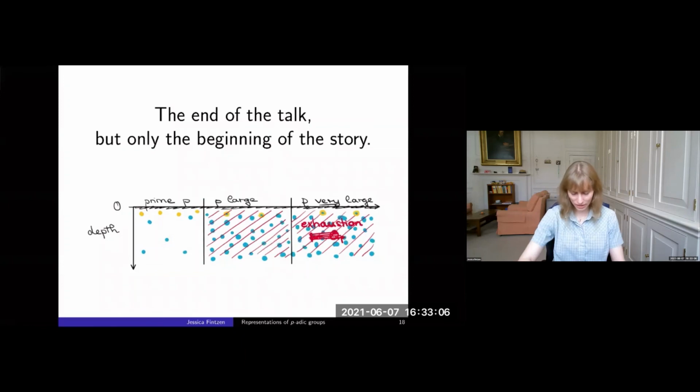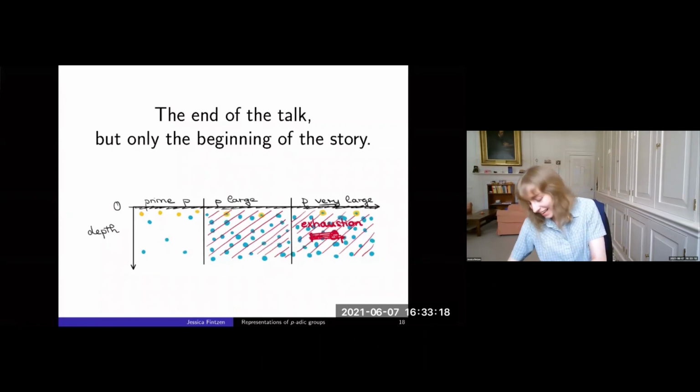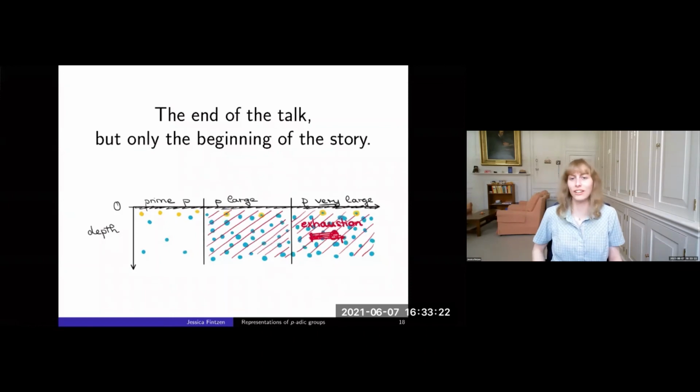These representations would be, let's see if I have a different color, oops. Well, great, my pen stopped writing. So let me say this instead of write. What I meant to do is circle almost all of the dots. So almost all of the representations in the large region are regular supercuspidal.